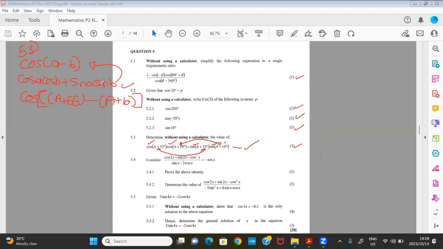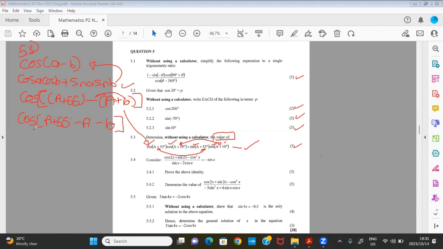When we expand it, it's going to take us back there. I have cos of A plus 55, but then here it's going to be minus A and then minus 10, because I must distribute the negative to both guys.